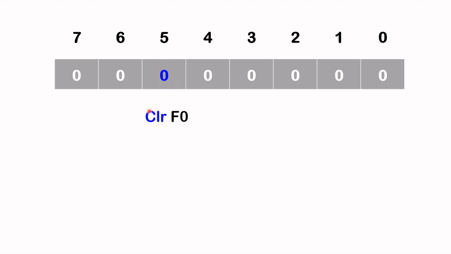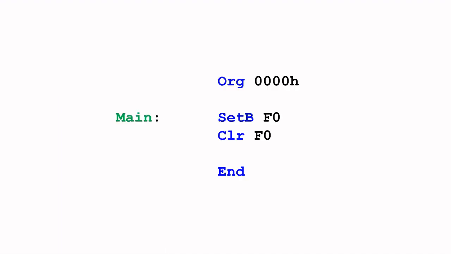And if you use CLR F0, that will set this bit to 0, or we say clear the bit here. The demonstration code is pretty straightforward. We use SETB F0, that would put F0 to a 1, and CLR F0, that would put F0 to a 0. Let's take a look at the demonstration code.